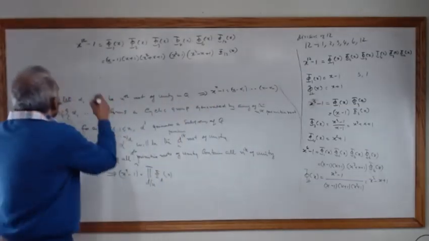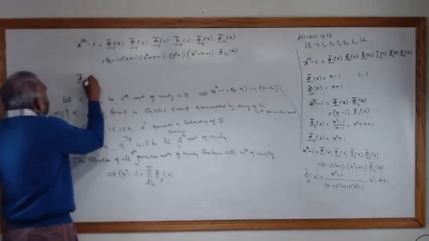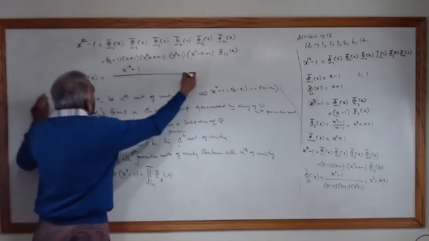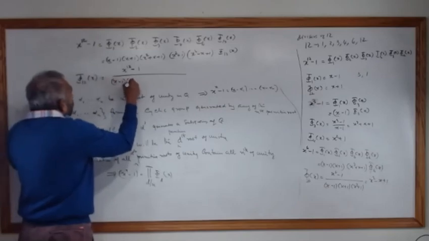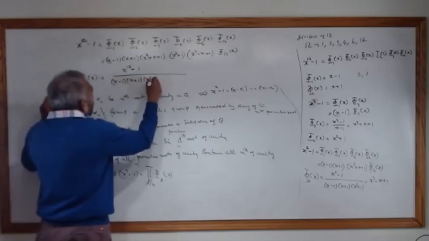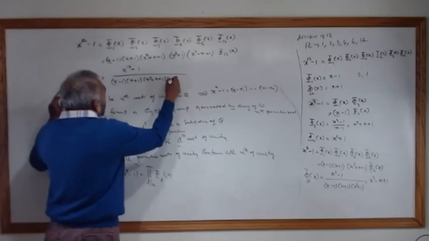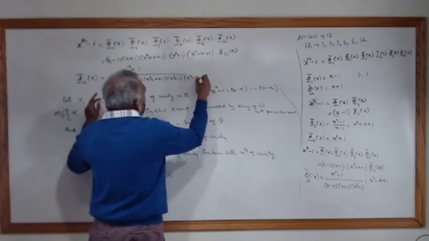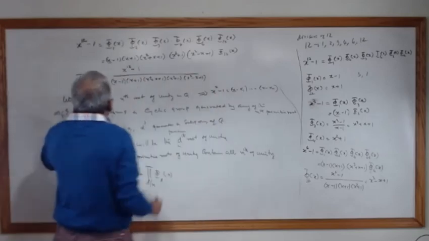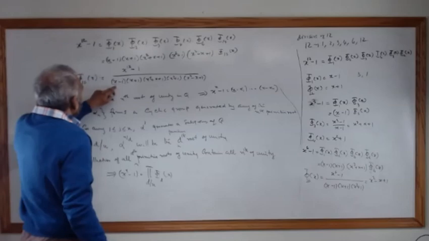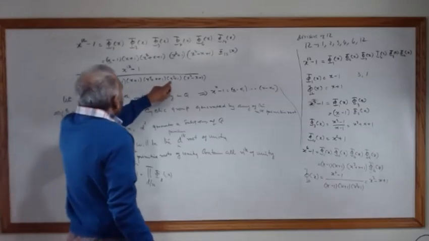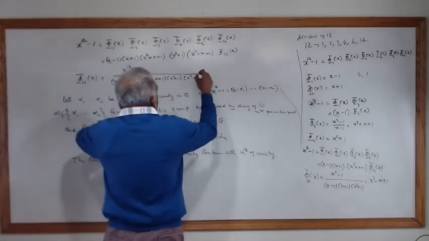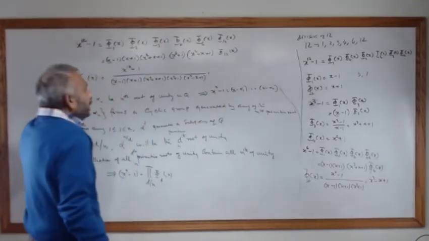So phi 12 of x is equal to x to the power of 12 minus 1 divided by all of these. The degrees are 12, 1, 1, 2, 2, 2, 2, so the result will be a polynomial of degree 4.